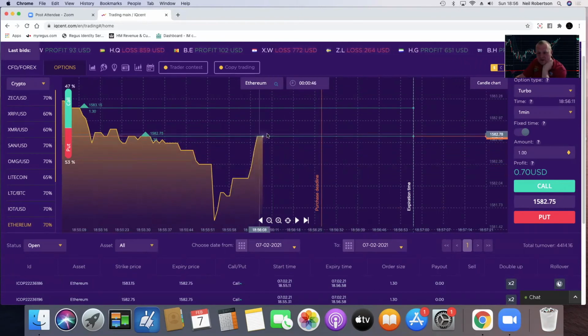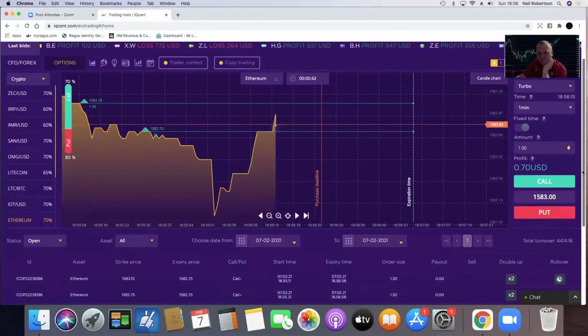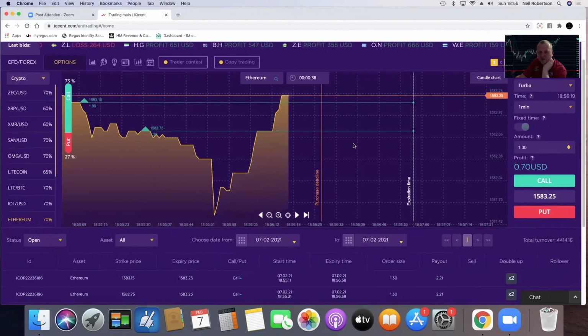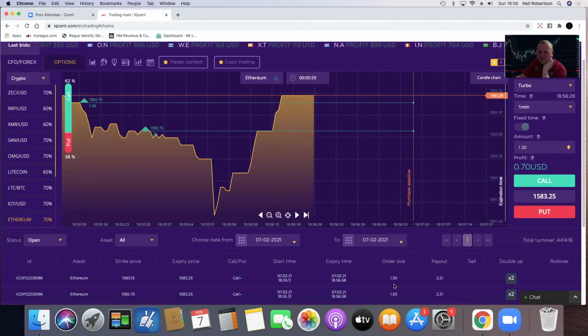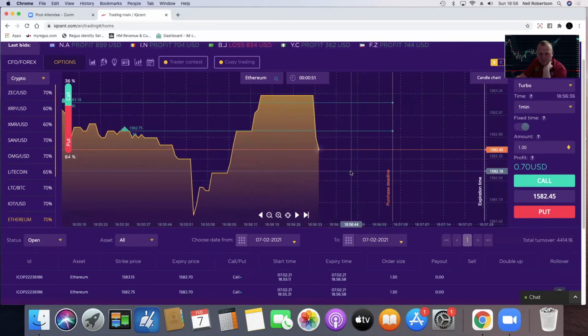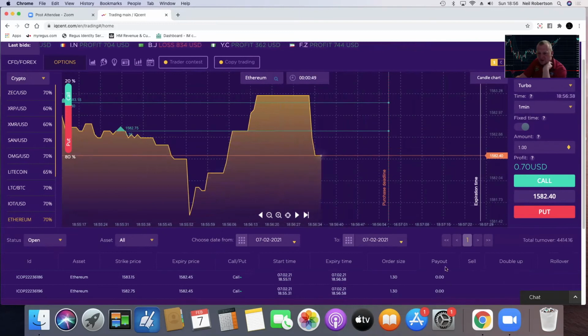So here we are, it's come up to the line, and it's above, so 221 for each trade. It's gone above both lines at the moment. If it stays above there and it comes in, then we will get this 221, but obviously minus 130, and that's whatever your profit is. But we've dipped below again, so we've gone back to zero.